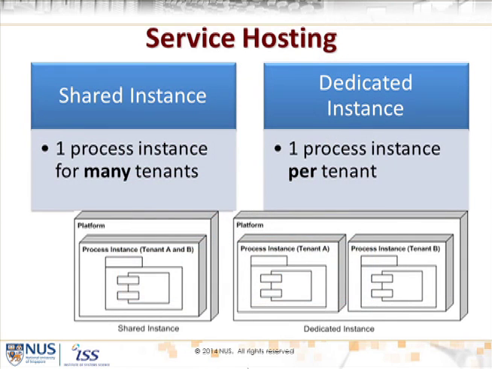In terms of hosting, you need to think about, at the lowest layer, the process instance, the process execution of the application. Is it for many tenants, or is it dedicated per instance, per tenant? That is one decision you have to make that differentiates a lot later on in the models.